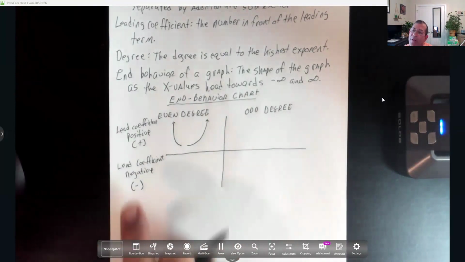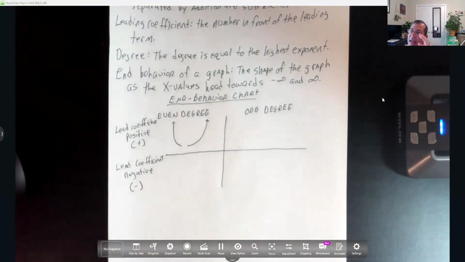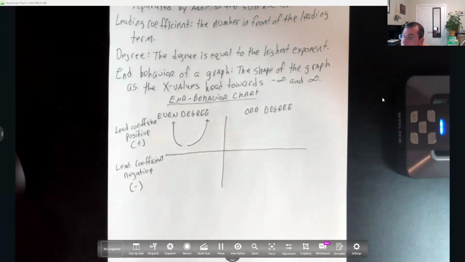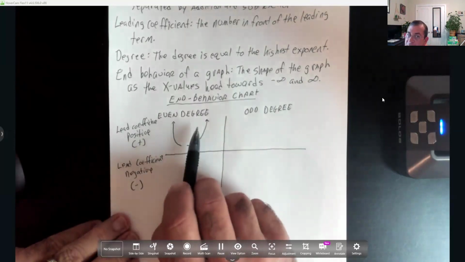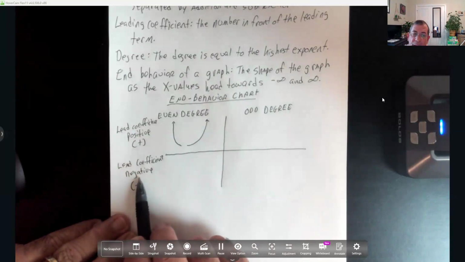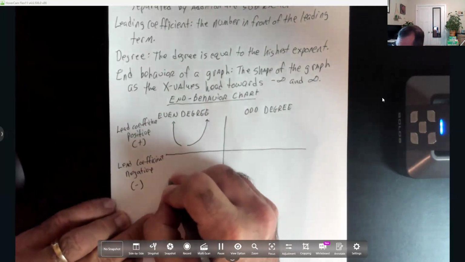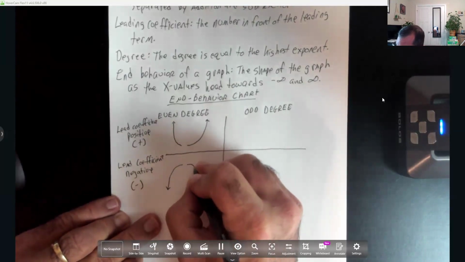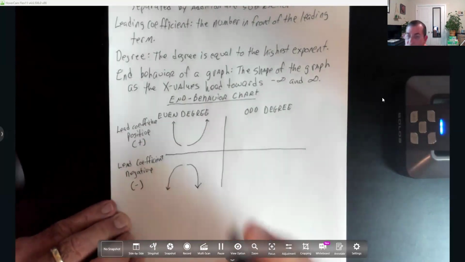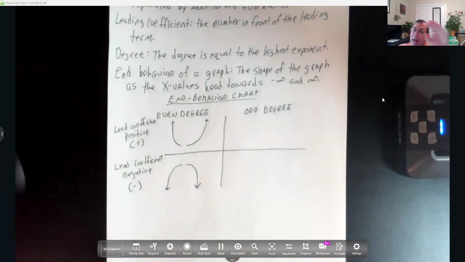So what's going to happen if we make that lead coefficient negative? Remember, when we make the lead coefficient negative on a function, it takes that function and flips it over the x-axis. So if you got an even degree and the lead coefficient is negative, as those x's get bigger and bigger, headed towards infinity, both ends of these graphs will go downhill.